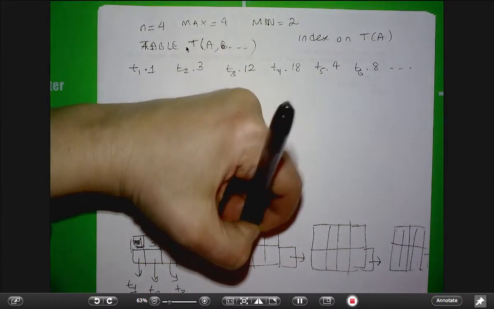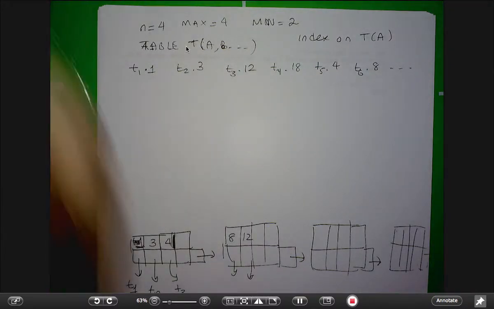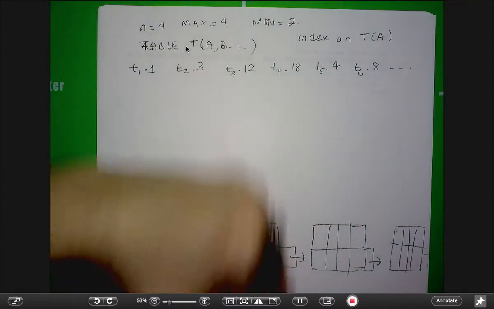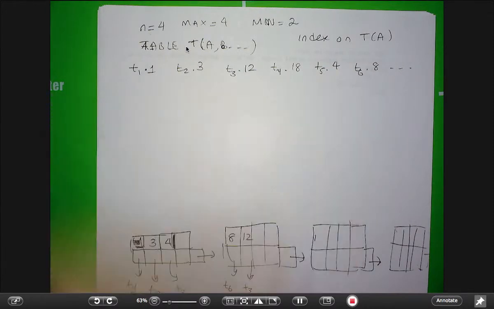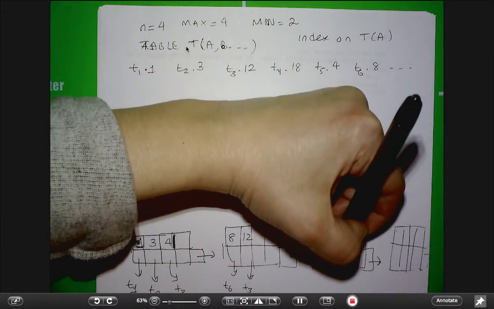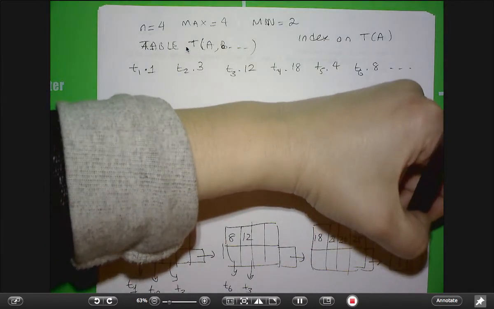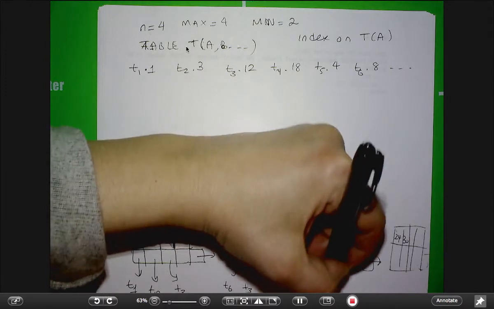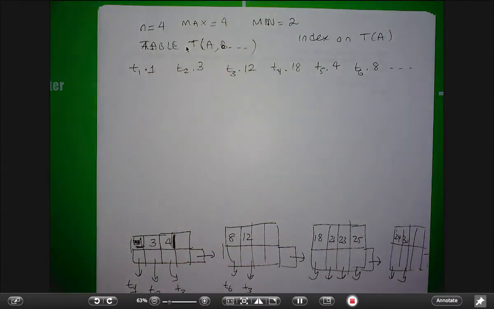I have 8 and 12. So this is T6, this is T3, and I'm going to make up some more random values, T18, 21, 23, 25, 24, and 30. And these will all be pointers to the appropriate tuples.